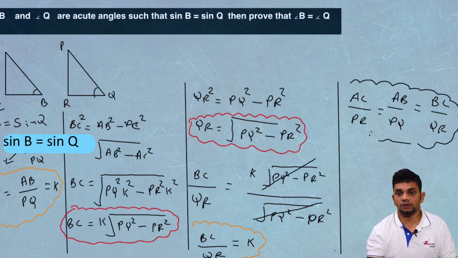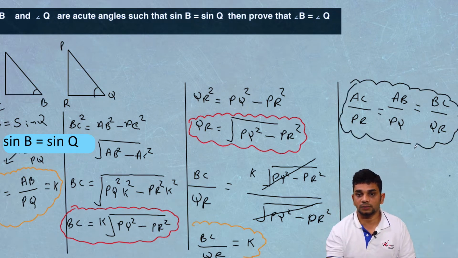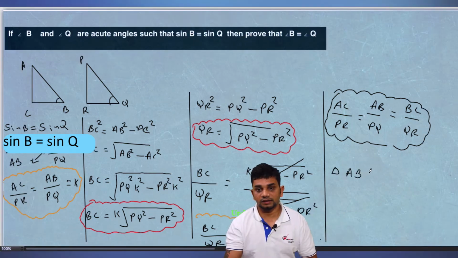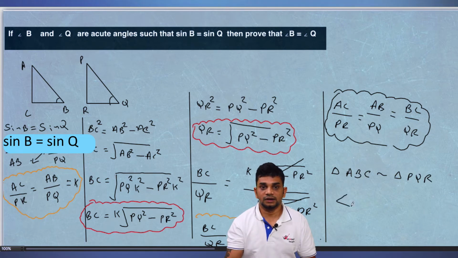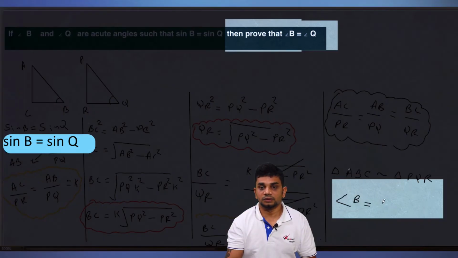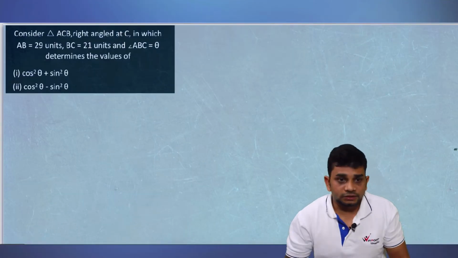Since the ratio of all sides of these two triangles are equal, we can say that triangle ABC is similar to triangle PQR. Then we can say that angle B equal to angle Q. This is the proof. Next question.